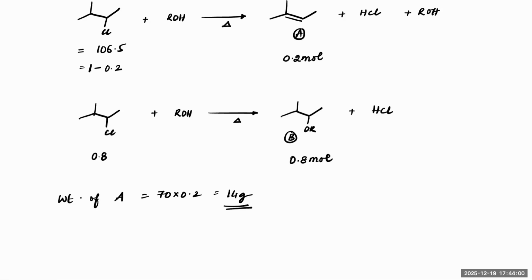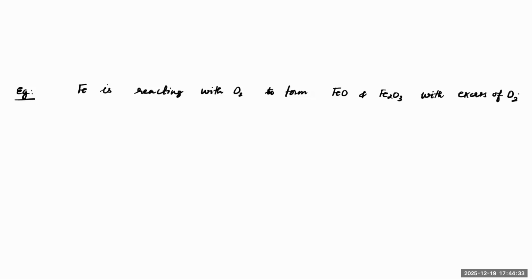See, let me show. Imagine iron is reacting with O2 to form FeO and Fe2O3, with excess of O2.